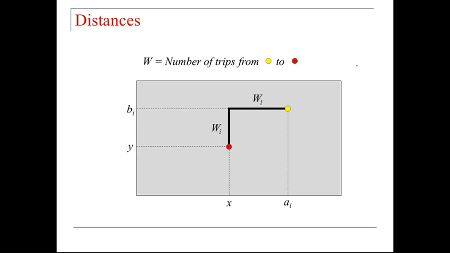So for the new facility, Wi will apply the same value for both segments. So this W is the same as this W. So we are going to have a weight from this point to this point.